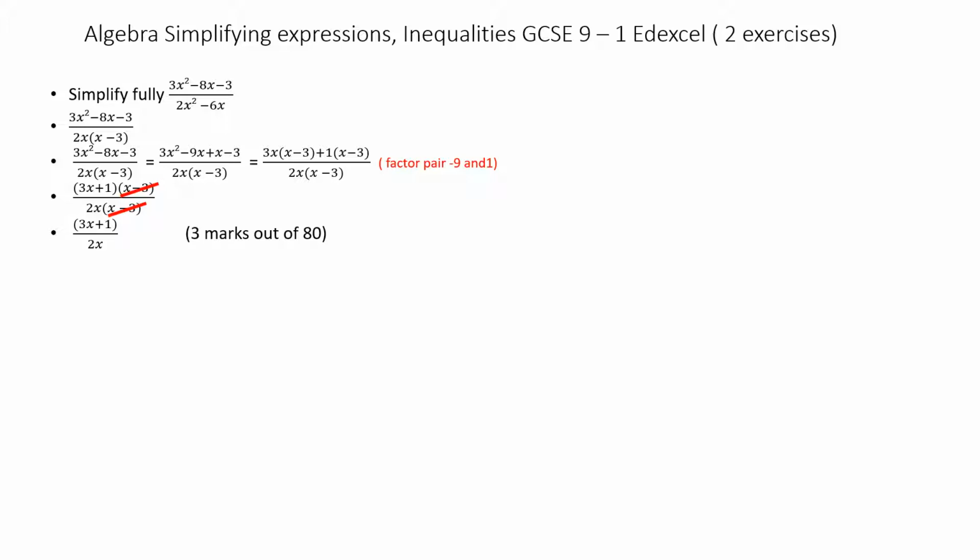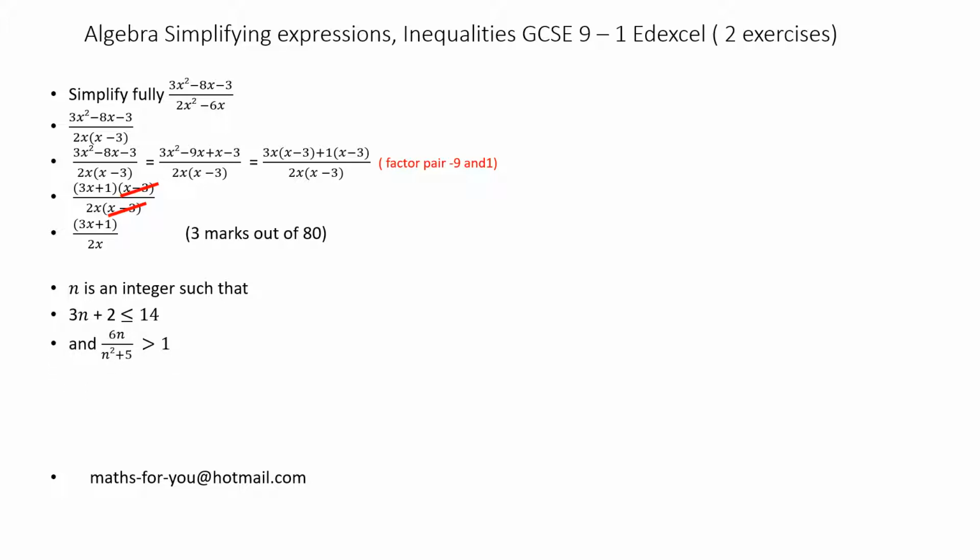Now the second exercise on inequalities says this: n is an integer such that 3n plus 2 is less than or equal to 14, and that's very important, and 6n divided by n squared plus 5 is greater than 1.